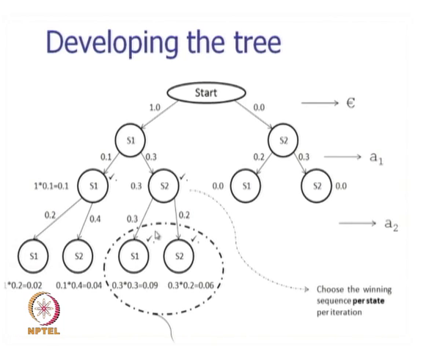That is done by noting all those sequences which end in the same state and retaining that sequence whose probability is the highest. So, at every level we retain exactly k states and the number of levels is equal to length of the observation sequence. So, number of states into length of observation sequence is the complexity of the algorithm.